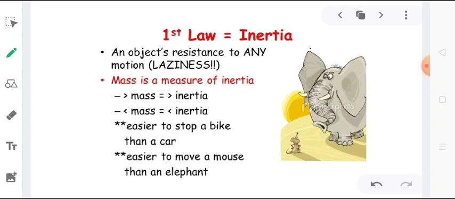So it is easier to stop a bike than a car, and it is easier to move a mouse than an elephant. In order to stop a car, a larger amount of force is required because the mass of the car is more than that of a bike. Similarly, the mass of an elephant is obviously more than that of a mouse, so it will be easier to move a mouse than an elephant.